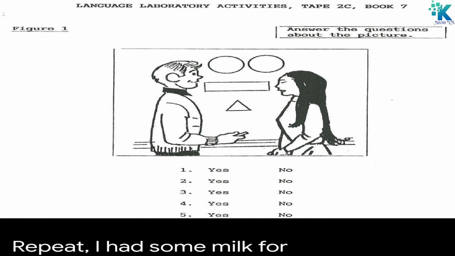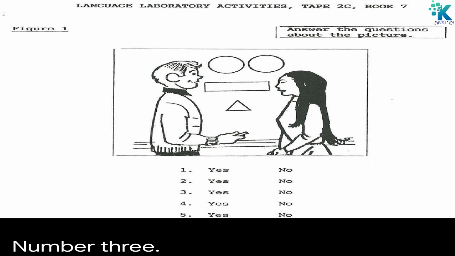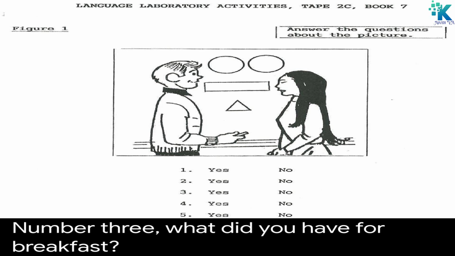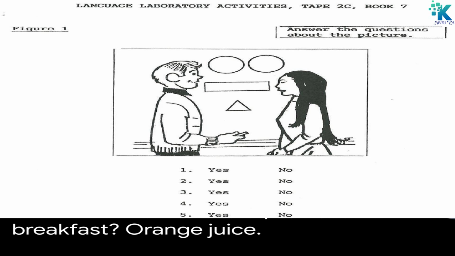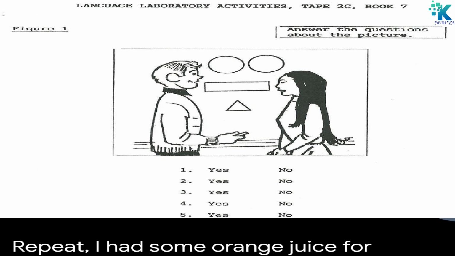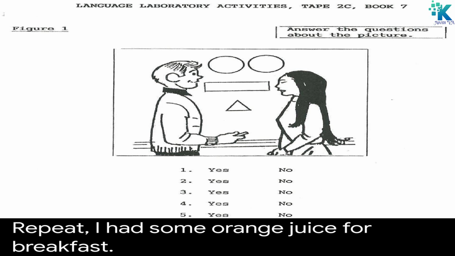Repeat. I had some milk for breakfast. Number 3. What did you have for breakfast? Orange juice. Repeat. I had some orange juice for breakfast.